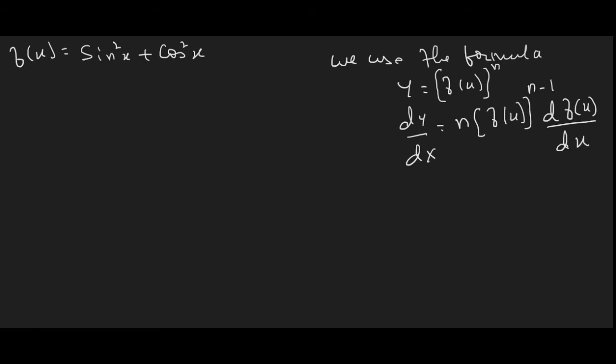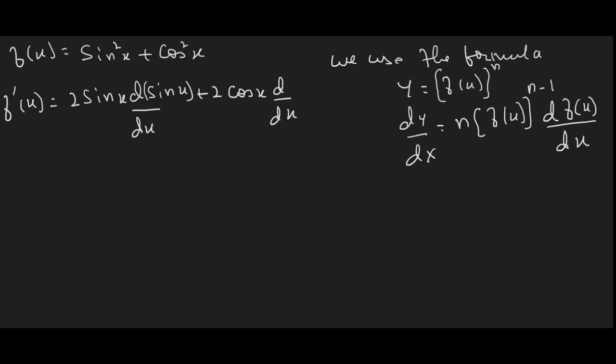Now using this formula, we can solve it as f dash of x is equal to 2 sine x d by dx of sine x. Here first of all we have taken the power of the function, that is 2 sine x, again plus 2 cos x d by dx of cos x.